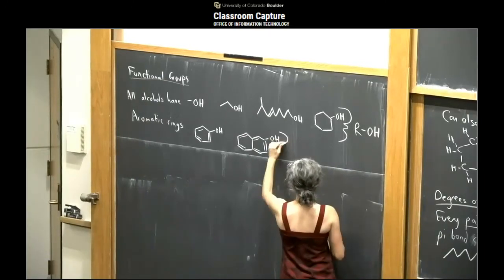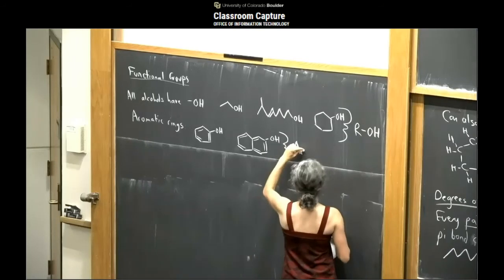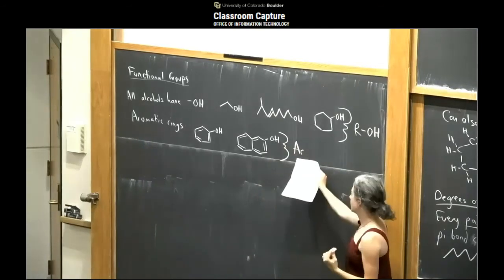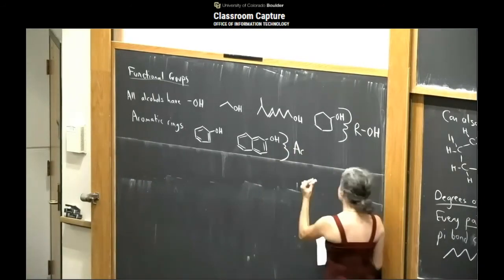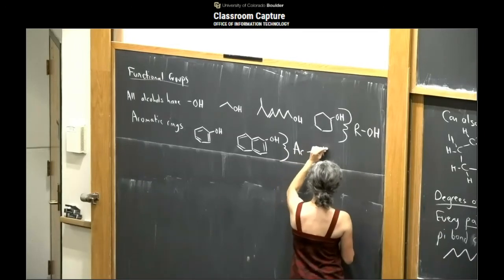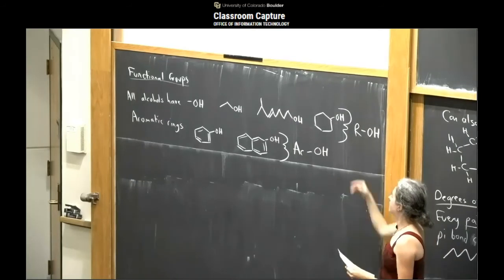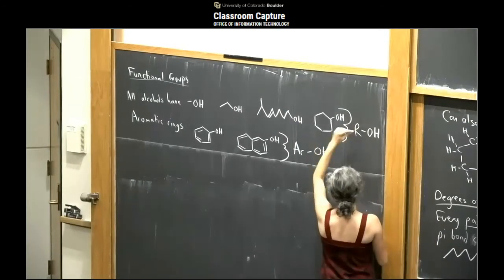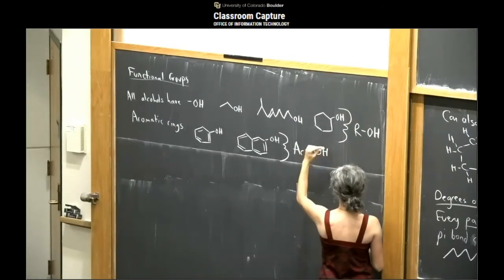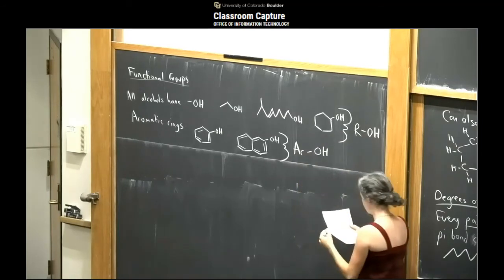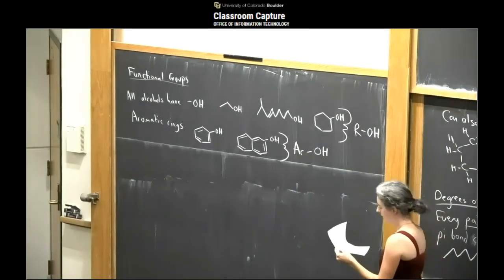So these, confusingly, get abbreviated as capital A lowercase r, which is also pronounced R, OH, which is a subset of the capital R, ROH. Okay.